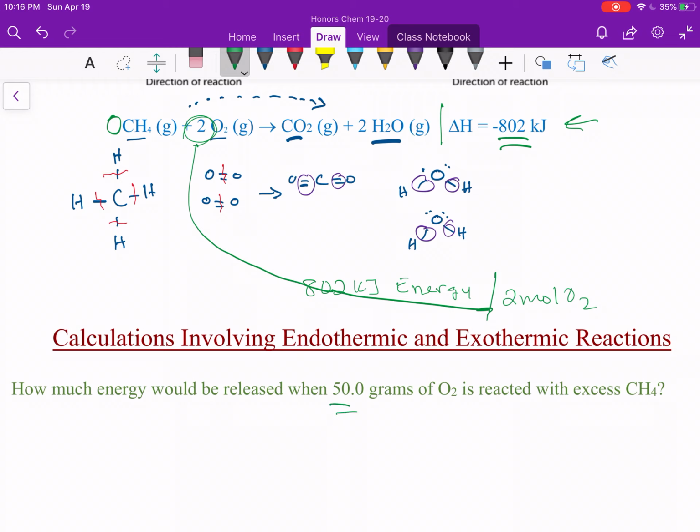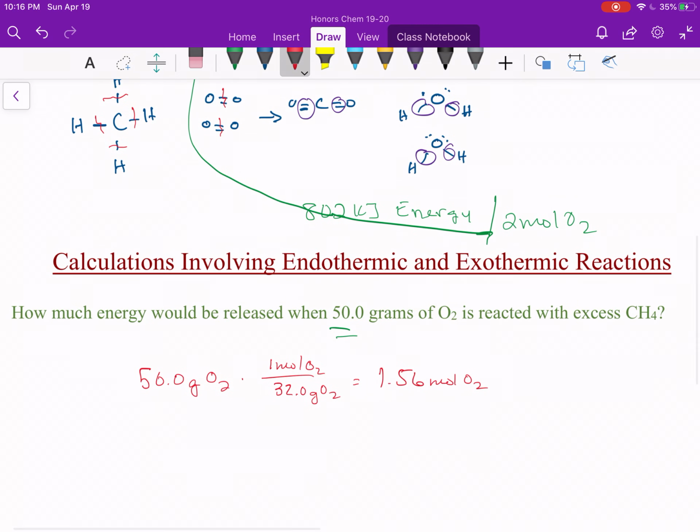And so I have to do a little bit of work, and I can say, okay, I know that I have 50.0 grams of O2. And again, you guys are really good at this. I know that for every 1 mole of O2, I have 32.0 grams of O2, and that's going to tell me that I'm going to get 1.56 moles of O2 that reacted during this reaction because it was the limiting reactant.